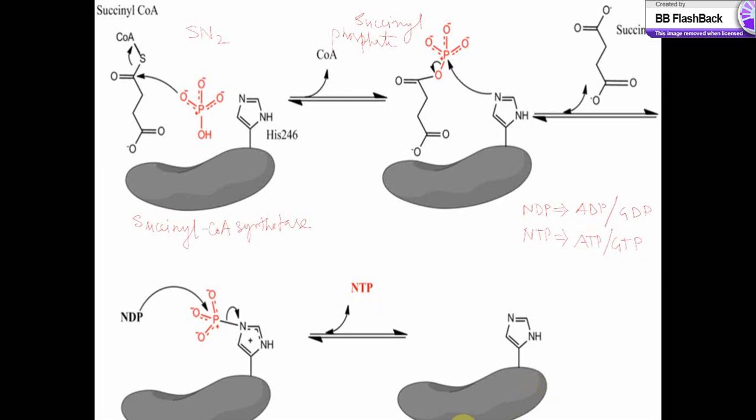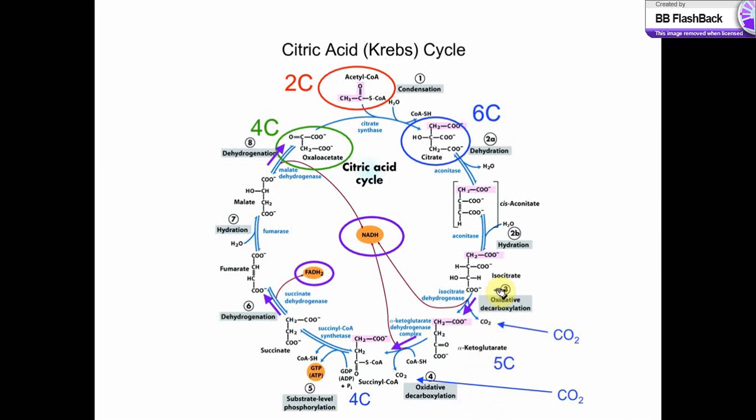So now again, if you go back to our previous slide, this is the same thing that has happened here. We were just talking about this step only, and this coenzyme A has left, and now look at this structure.